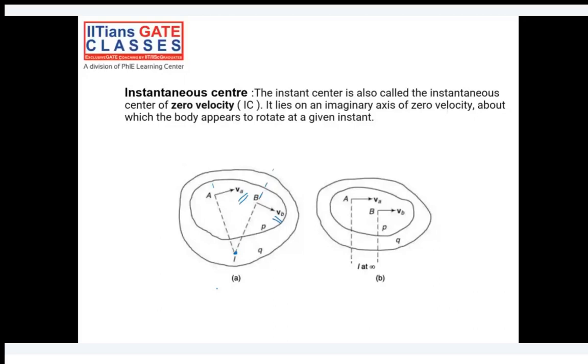Okay, so what I'm saying is we have two bodies, P and Q, and at this particular instant the linear velocities of points A and B are given by VA and VB.